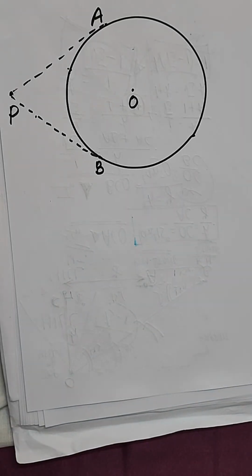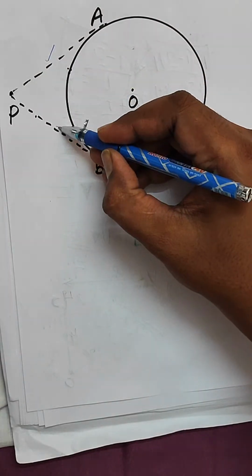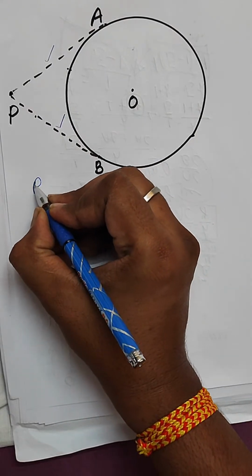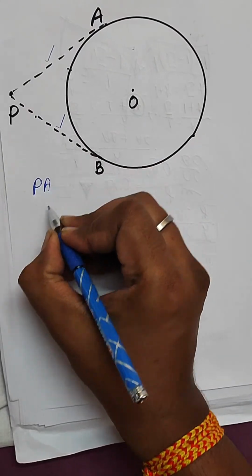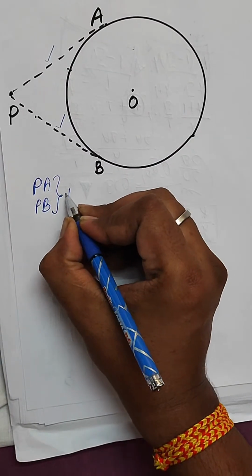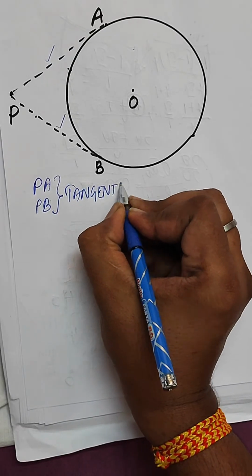So PA and PB are the two tangents to the circle.